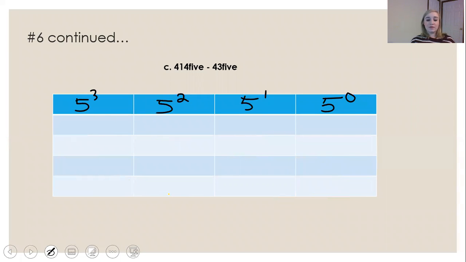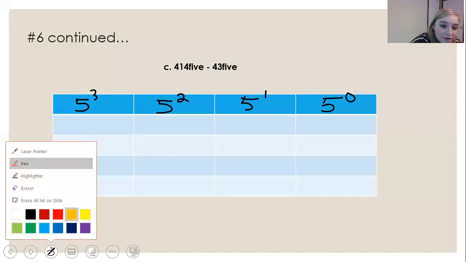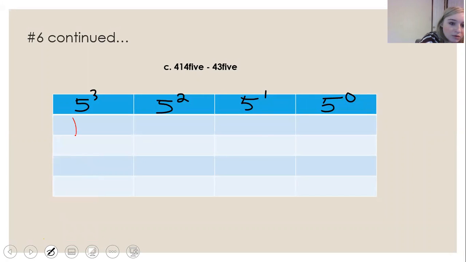So now we're just doing the same thing, but with subtraction. We're in base of 5, 125, 25, 5, and 1. So 414.